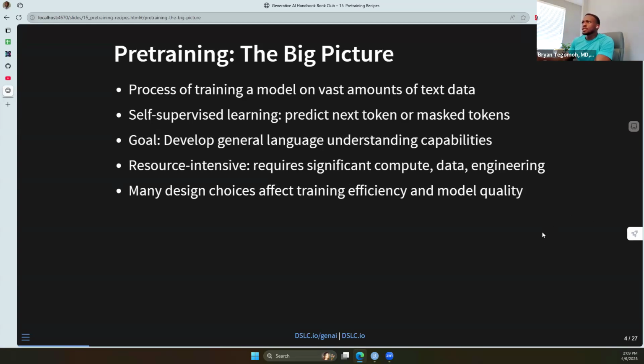Pre-training is also very resource intensive because it requires significant compute. It requires a lot of data. It requires a lot of engineering, and especially safety engineering, which we haven't had a chance to discuss yet. Resources have been quite a major discussion.